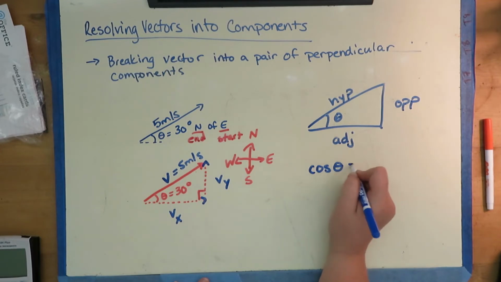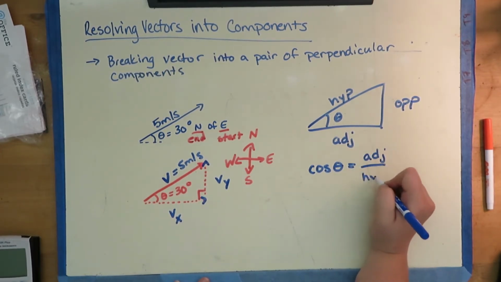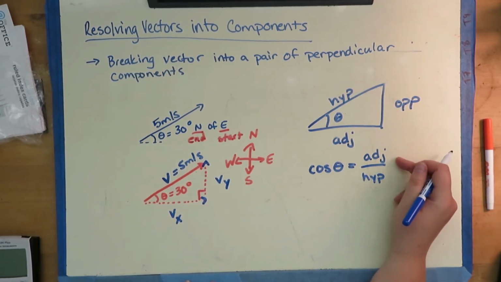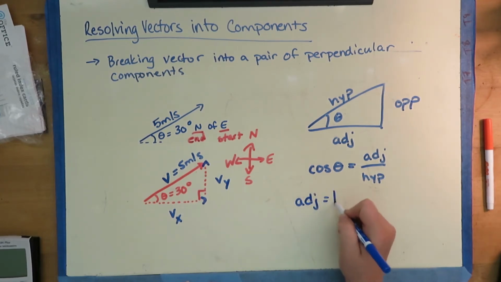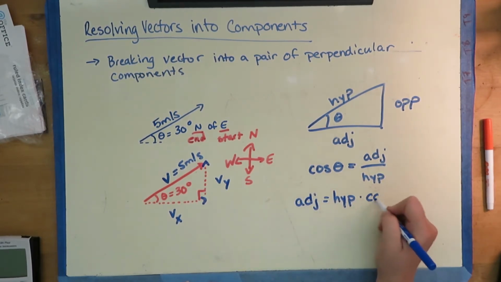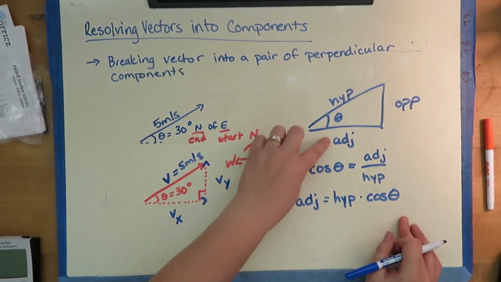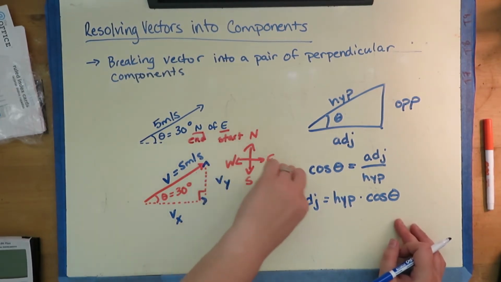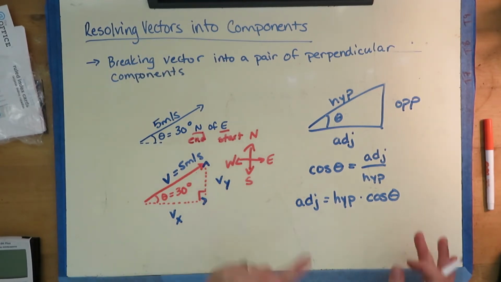Cosine of my angle theta is going to be my adjacent over my hypotenuse. So if I wanted to find the magnitude, adjacent would equal hypotenuse times cosine theta. I know that the adjacent side is always going to be hypotenuse times cosine theta, so I don't have to start here, though I will usually just start here when I'm working problems. You do whichever is more comfortable for you.